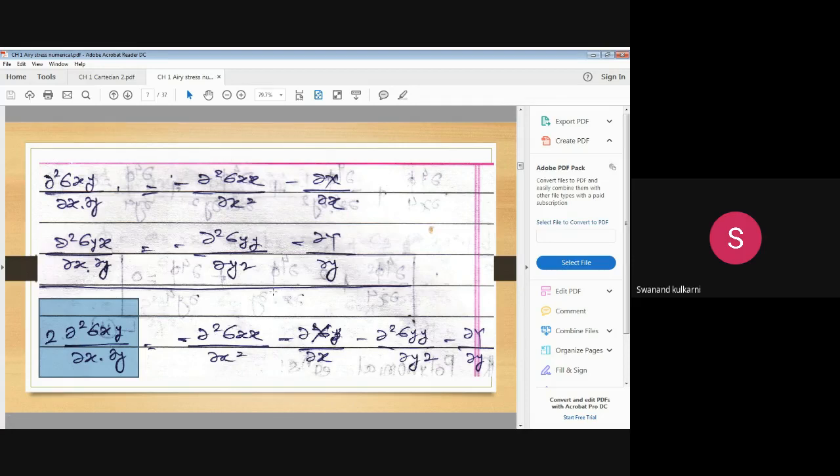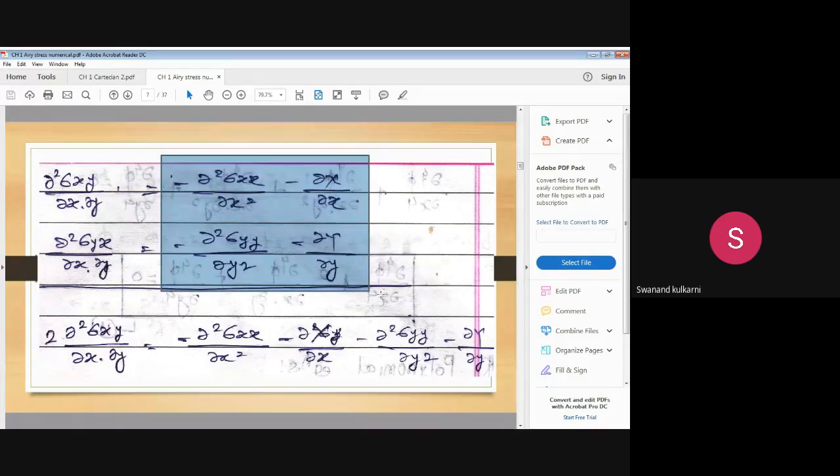And then this equation gives minus ∂²σxx/∂x² minus ∂X/∂x, then minus ∂²σyy/∂y² minus ∂Y/∂y. Is it okay? So here the addition has been carried out, and these total terms are added here.